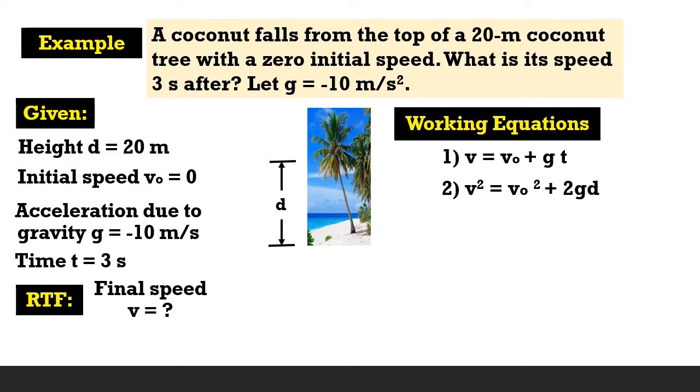Each of these equations looks appropriate in calculating the final speed v of the coconut because all the quantities in them except the final speed are known.